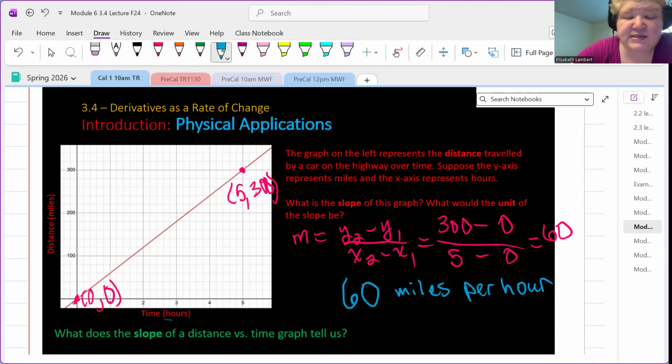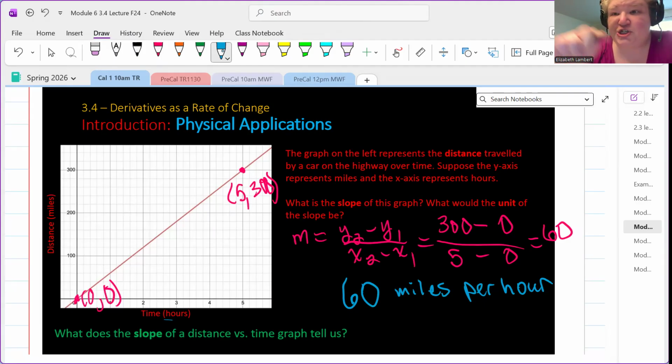So this is how long the car was driving, how far the car went, and then the slope that we calculated, the change in the y values is distance, the change in the time values is time in hours. We ended up with 60 miles per hour. So the slope of the distance graph is the speed being driven.